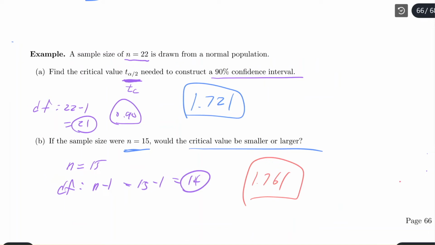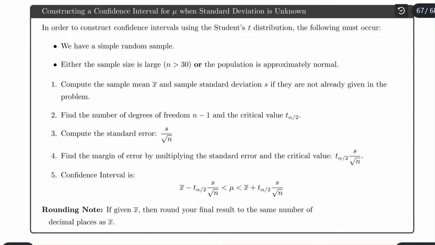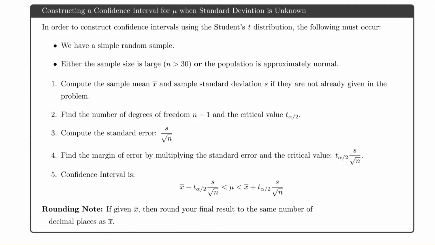So let's see how we can use this to find the confidence interval of a population mean when the population standard deviation is unknown. If you read right here, constructing a confidence interval for a population mean when standard deviation is unknown. The reason we say just standard deviation here is that the population standard deviation may be known or unknown, because the sample standard deviation can always be found. So here, maybe I can just write it here.